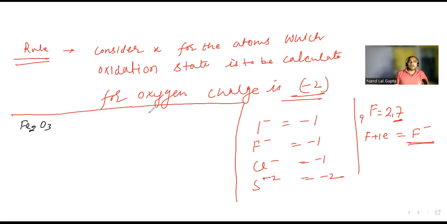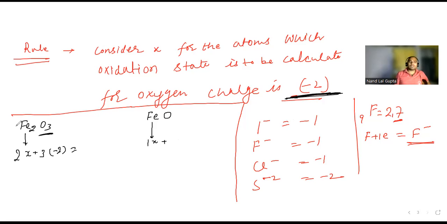Fe2O3 you said, and another is FeO. Iron I don't know, so I consider iron as X. Iron here also I consider X. How many irons are there in the first compound? 2, so I multiply by 2. Here iron is 1, so multiply by 1. How much charge is there on each oxygen? -2. How many oxygens are there in this compound? 3.